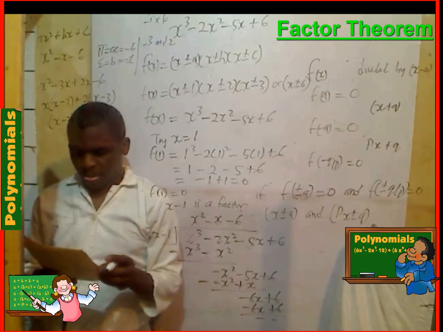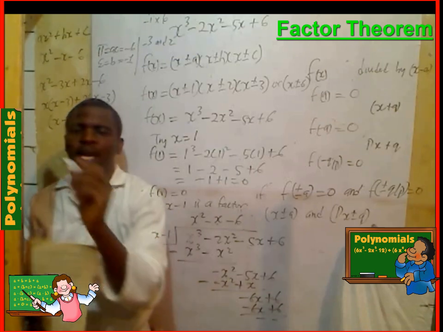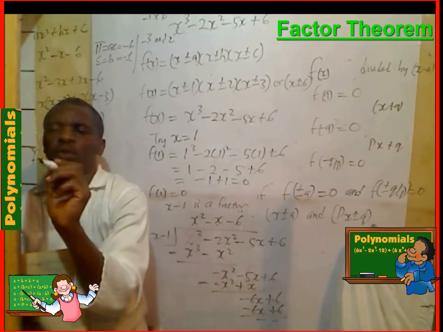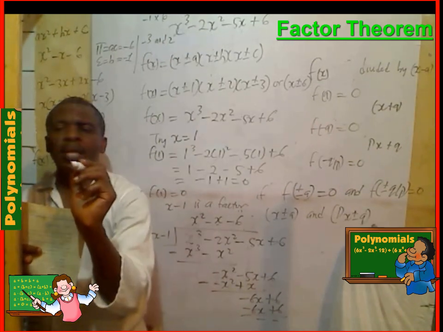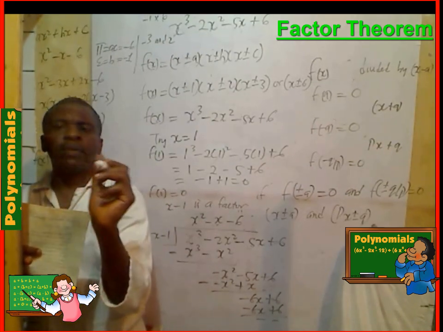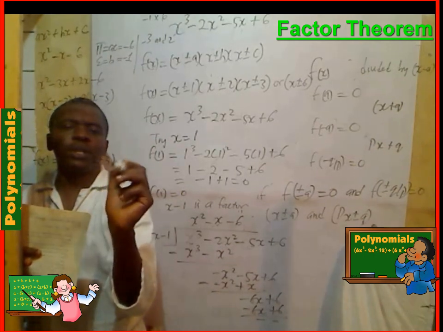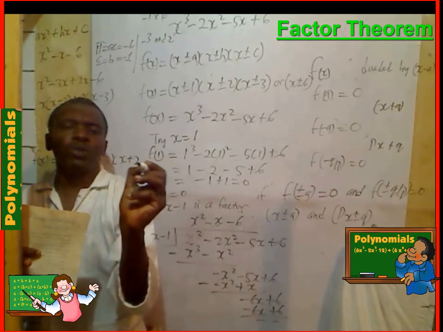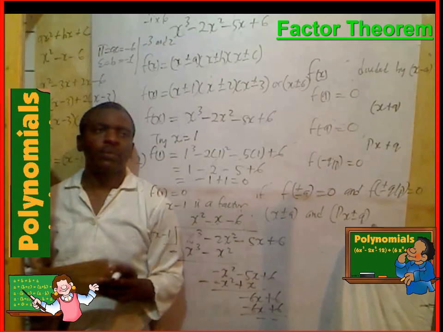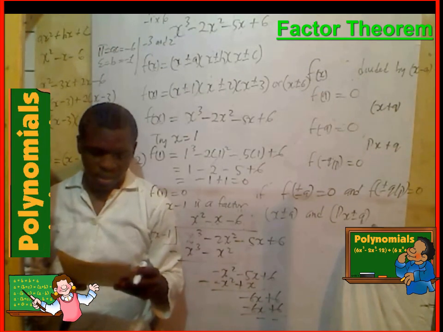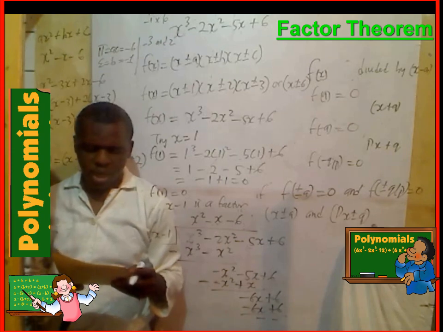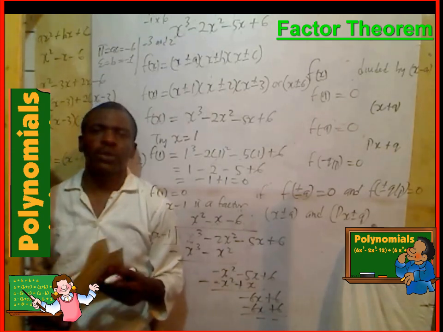So my final polynomial f of x will be equal to x minus 1 factor of x minus 3 factor of x plus 2. The long division method is better because the quotient may have no further linear factors.